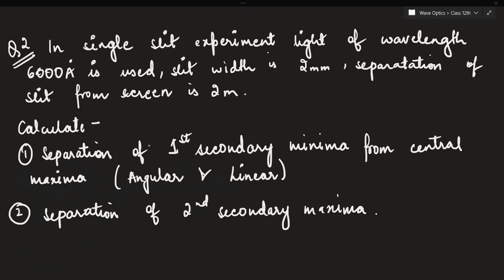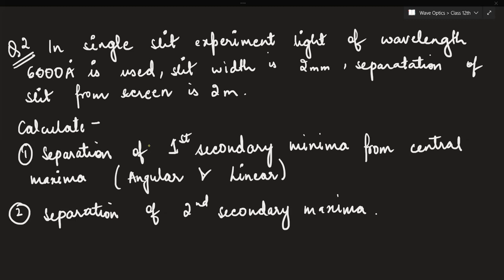See, this says that in a single slit experiment, light of wavelength 6000 angstrom is used. Slit width is given to you as 2 millimeter and separation of slit from screen is 2 meters. Now you have to calculate the separation of first secondary minima from central maximum, angular and linear both, and the separation of second secondary maximum. So let's do only the first part.